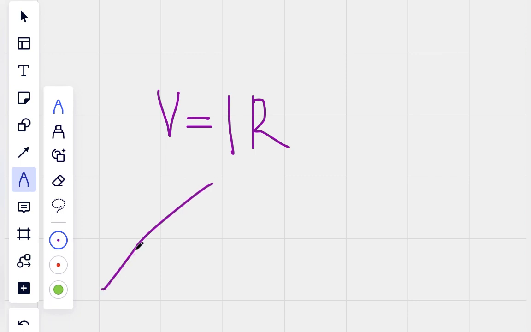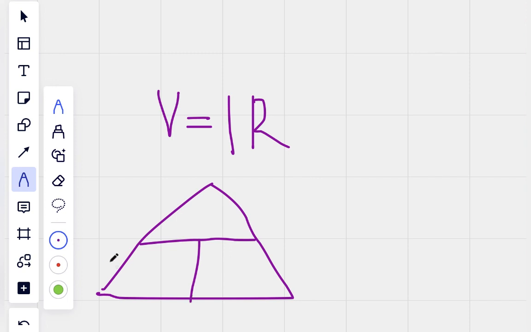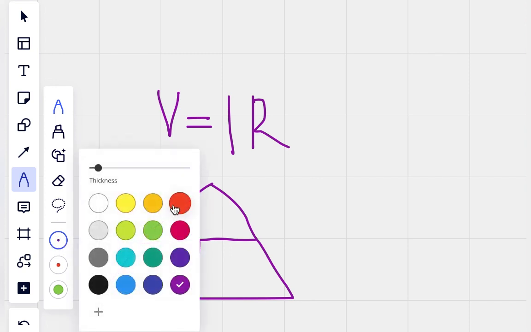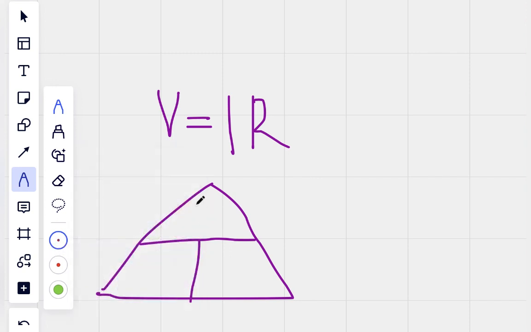We drew a triangle for this formula in our previous physics class, and we said if you draw this triangle for this formula, you have V, the voltage, at the top, and the current multiplied by the resistance at the bottom. With this triangle, you can easily find any of the parameters.